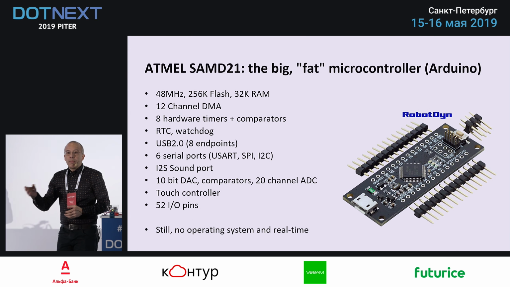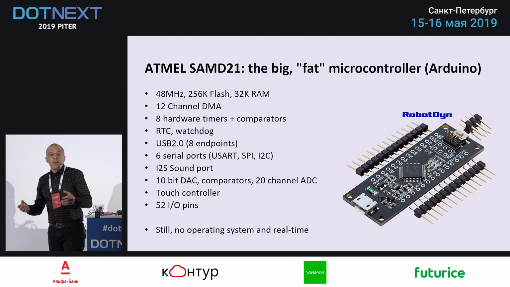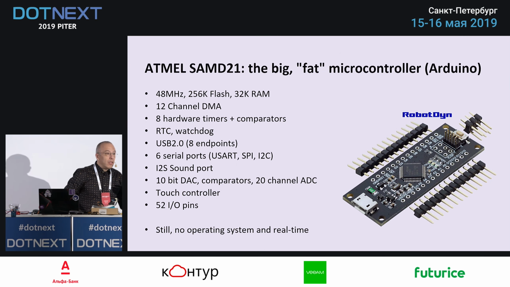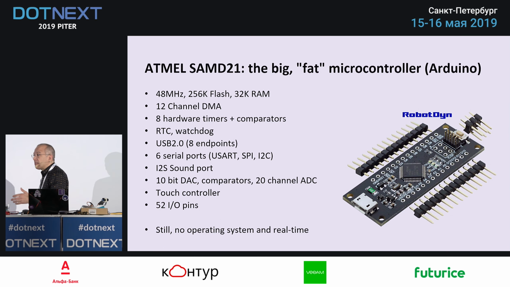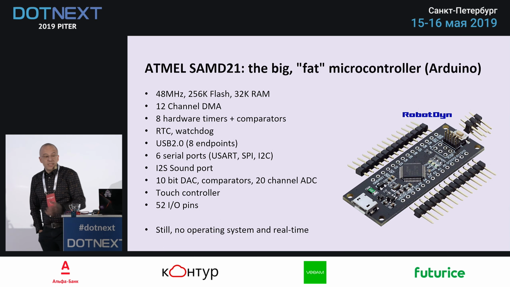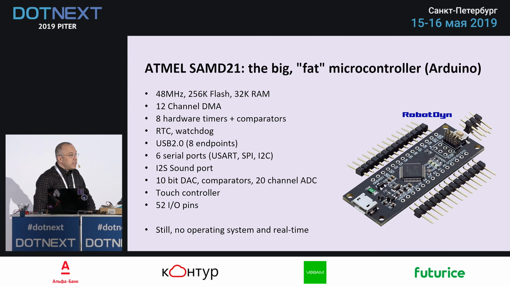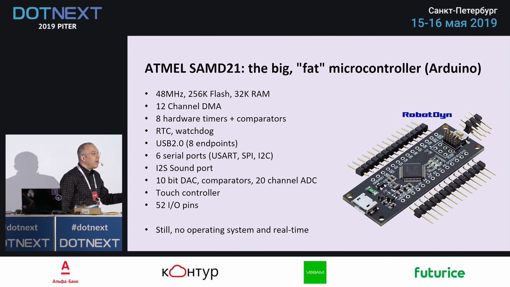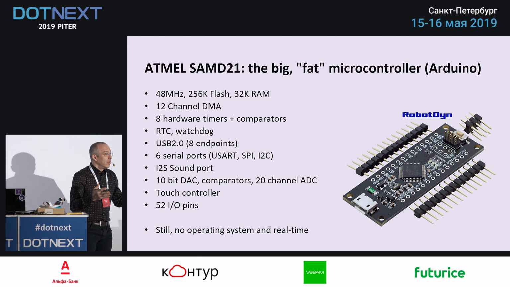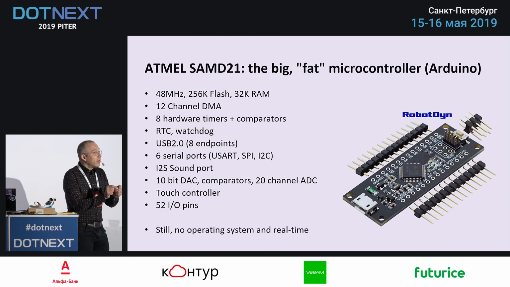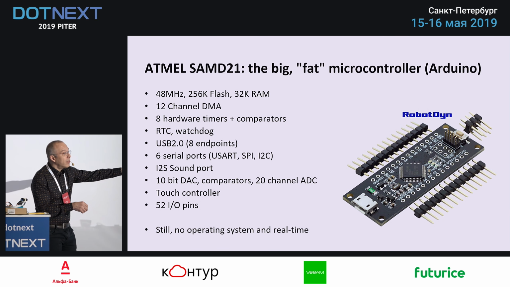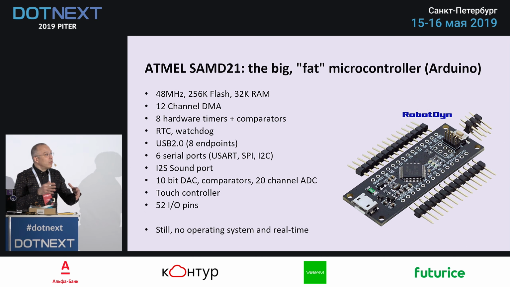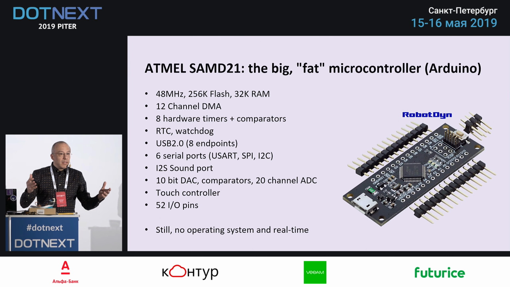So you can transfer a huge amount of data coming from one interface and move it to another one. You have USB, you have I2S to have digital audio, digital sound, ADC, DAC, and so on. So a lot of devices, 52 pins to have IOs. So it's huge, okay? And it's a single microchip inside. The other components are just power regulators, capacitors, things that make the whole stuff stable and nothing else.